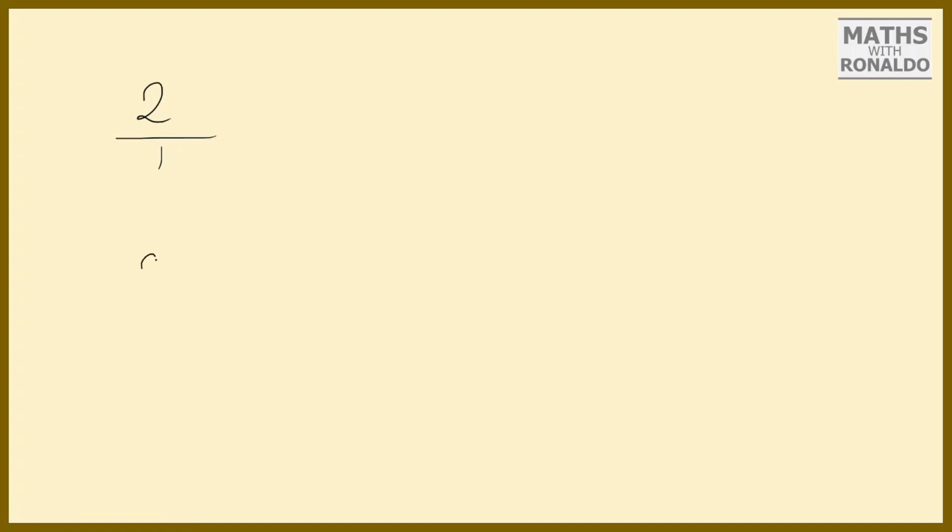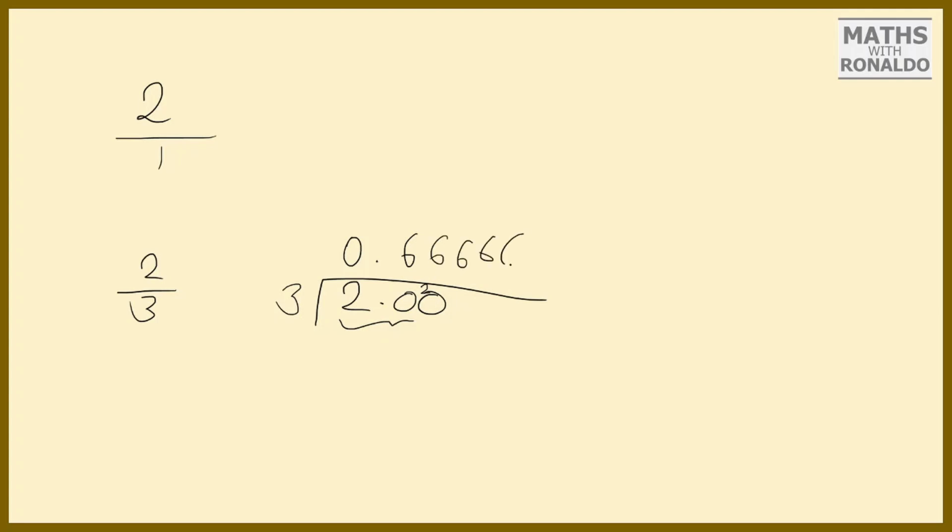If we were to convert 2/3 into a decimal, you would have the 2 here and the 3 here, and potentially some zeros after the decimal point. 3 goes into 2 0 times, 3 goes into 20 6 times, remainder 2. Then it goes into 26 times again, and this will continue to give you 0.6 recurring, which is approximated to 0.67.